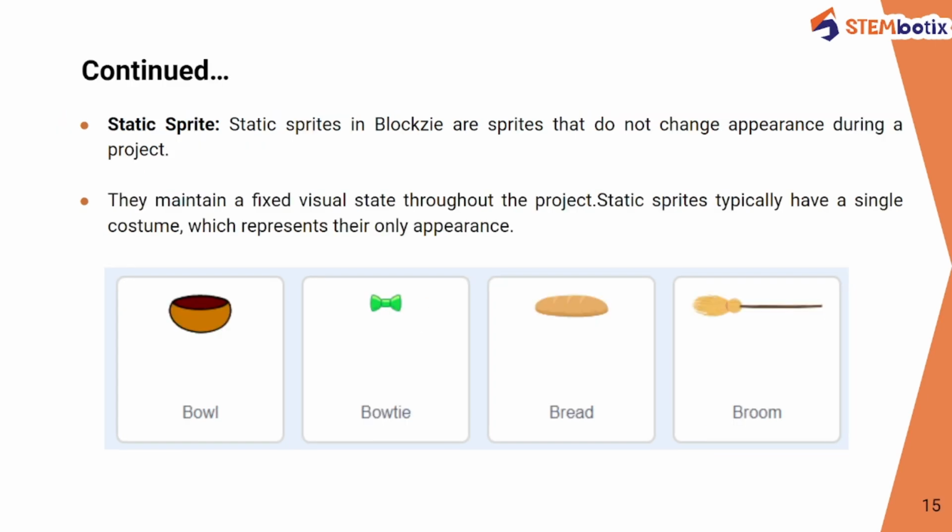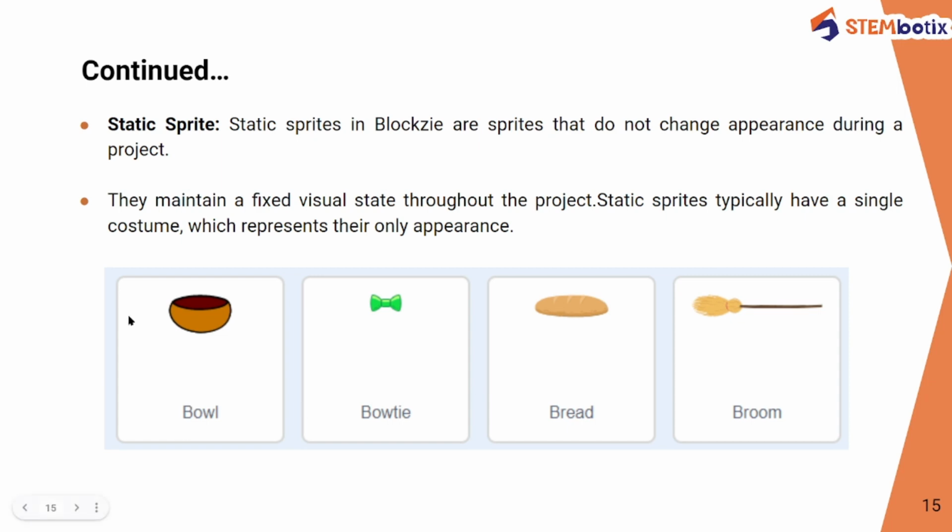After that, we have static sprites. This is the type of sprite in Blockzie that does not change appearance during a project. Means these are sprites which don't have any visuals or costumes to change over a period of time.